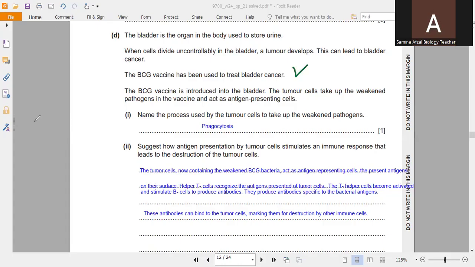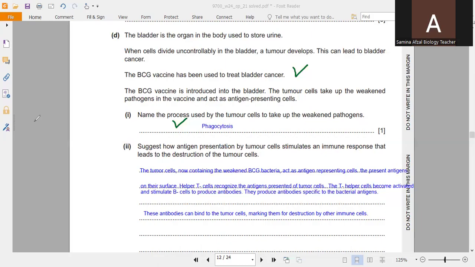The BCG vaccine is introduced in the bladder. The tumor cells take up the weakened pathogens in the vaccine and act as antigen-presenting cells. To name the process used by the tumor cells to take up the weakened pathogen: phagocytosis.